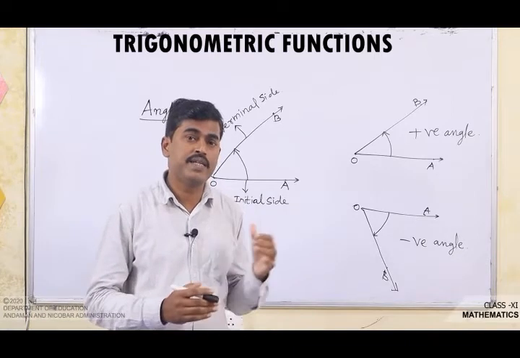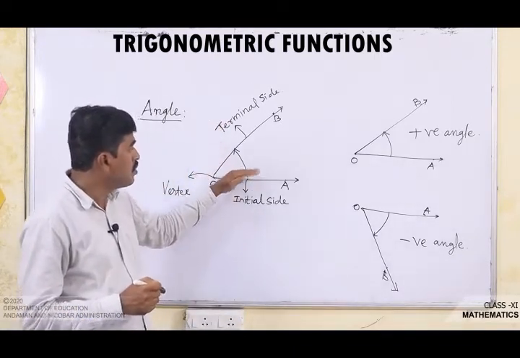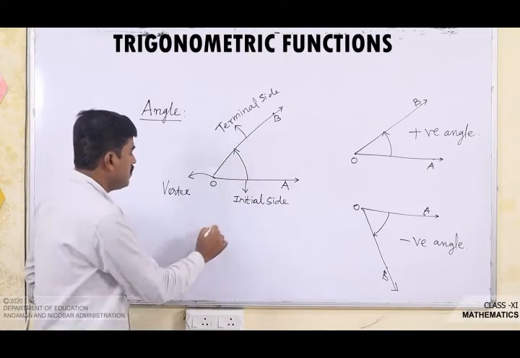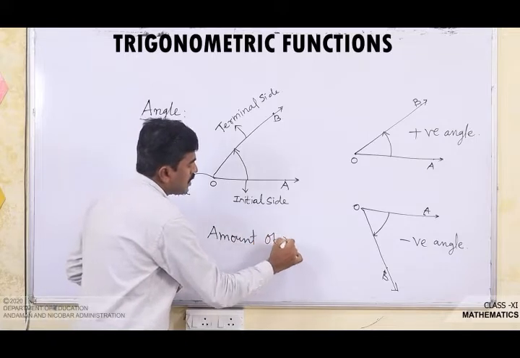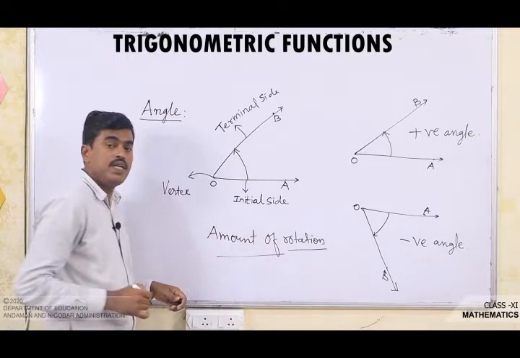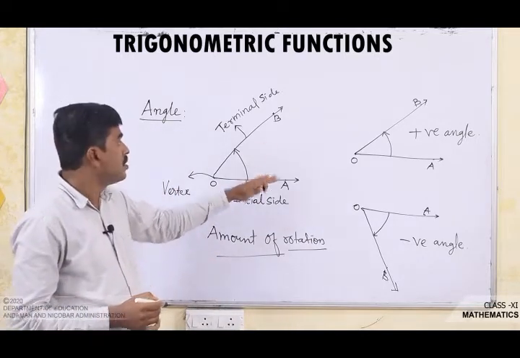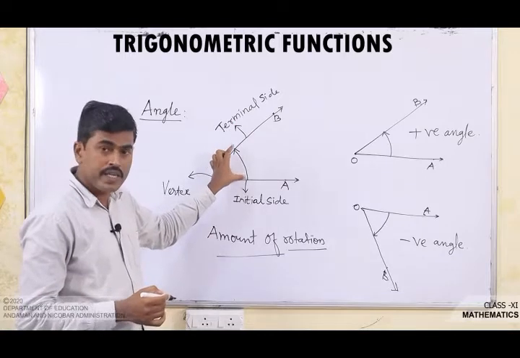Now let us talk about the measurement of angle. What is meant by measurement of angle? The measurement of angle is the amount of rotation from the initial side to get the terminal side. How much amount of rotation is there?